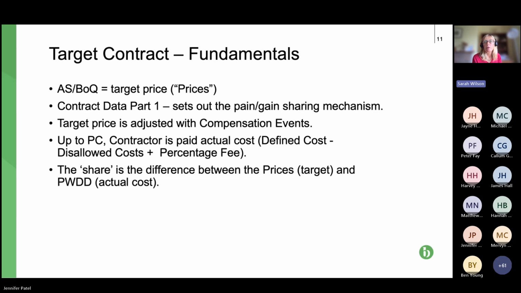The defined cost, so I call it actual cost, it's sort of a base cost. As I've already said, this is by reference to the schedule of cost components. It's very specific as to what can be claimed, and it's effectively looking at, for example, the cost of individuals who are working on the project. What is the cost of that individual to the business, so the contractor or the subcontractor.